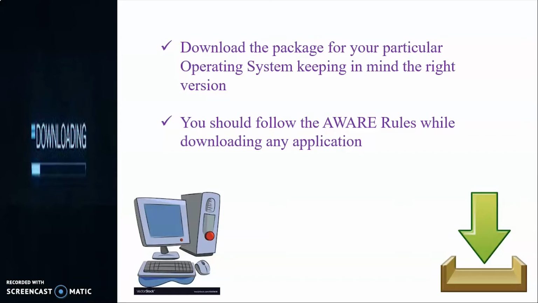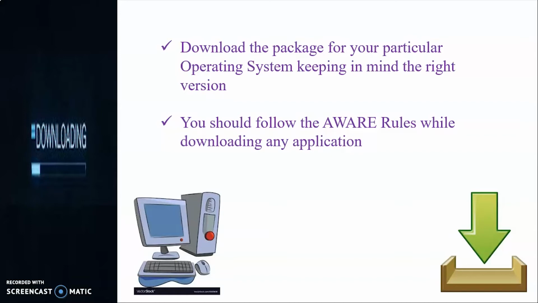Say for example, if you are downloading any educational software like TuxMath, you should download the latest version of that particular software. Then always while downloading you should follow the aware rules. So this is your first step. In that first step you are downloading the latest version of that particular software, keeping in mind that you should always follow the aware rules.